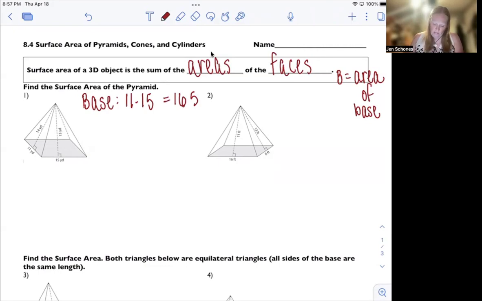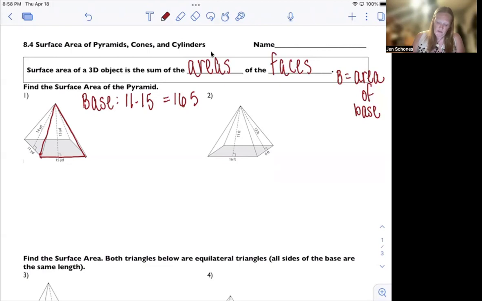Now this length down here is 15, and this length over here is 11. That means the triangles that make up the point of the pyramid are not the same shape. I see this triangle right here, and I'm going to look at that one first.